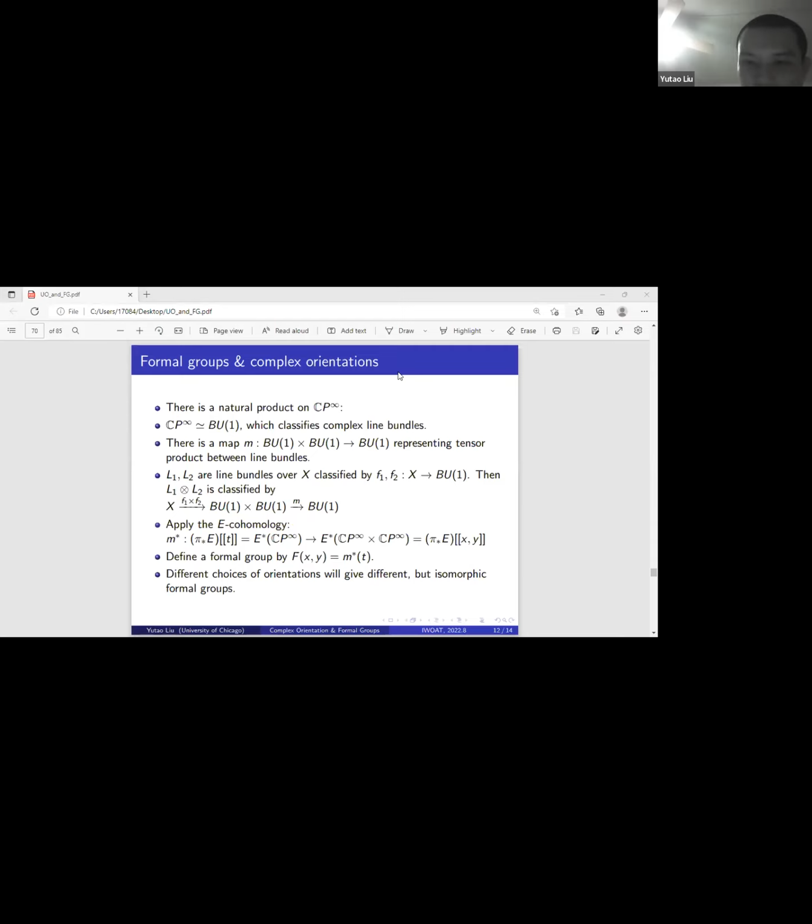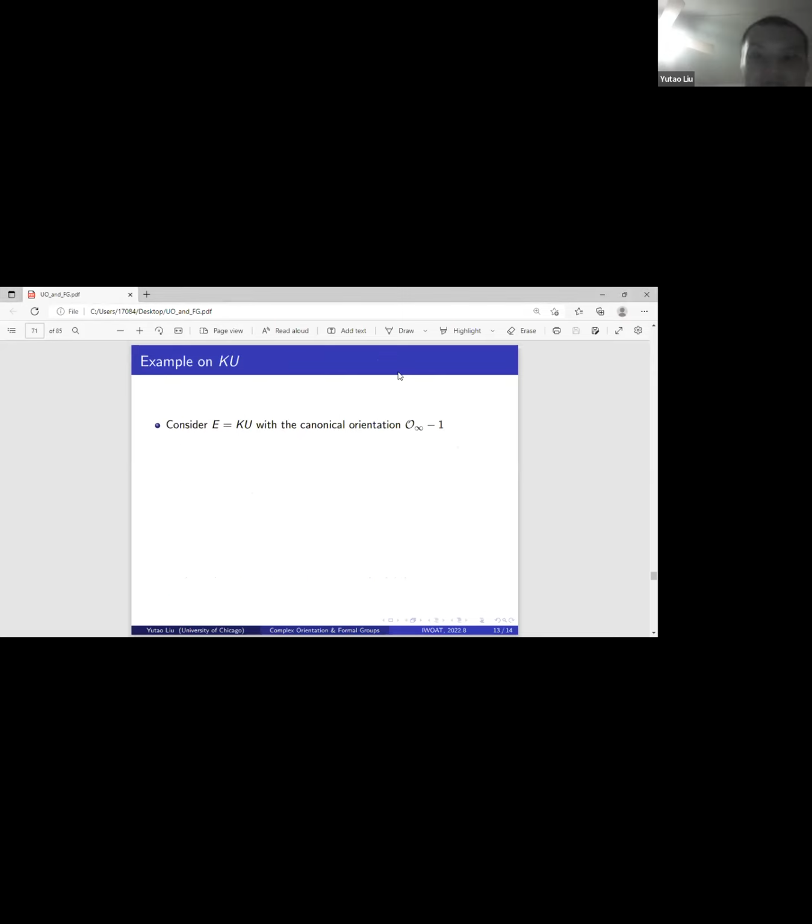Okay. So finally, I want to give you an example about the computation of the formal group with the complex K-theory. So we consider KU with the canonical choice of the complex orientation. It is the tautological bundle over CP infinity minus the trivial bundle 1. Notice that the tautological bundle is also the universal complex line bundle over CP infinity, which is the classifying space BU(1).